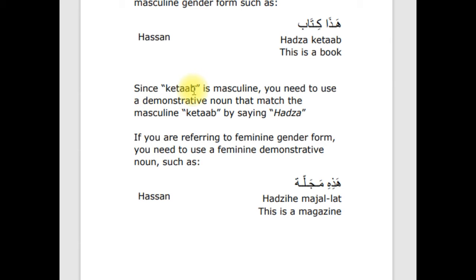Since kitab is masculine, you need to use a demonstrative noun that matches it by saying هذا. If you are referring to a feminine gender form, you need to use a feminine demonstrative noun such as هذه. Since مجلة is a feminine gender form, you need to use هذه.